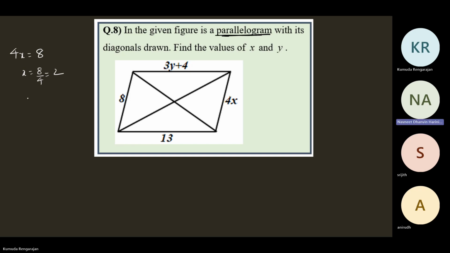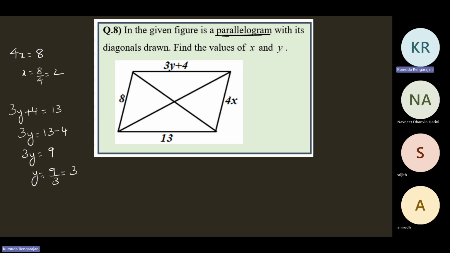Ma'am, 3y plus 4. 3y is equal to 13 minus 4. 3y is equal to 9. y is equal to 3, ma'am. Correct. y is 3.